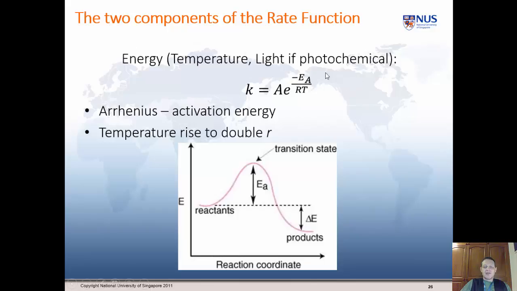Let's, however, think about the form of, for Arrhenius anyway, the form of the dependence on temperature. And what I'm interested in is the temperature rise required to double the rate of reaction. And this is your standard reaction coordinate diagram, and I won't worry too much more about that here.